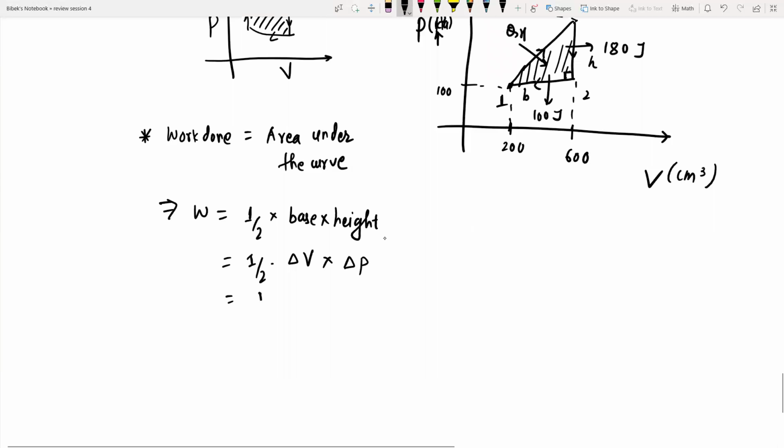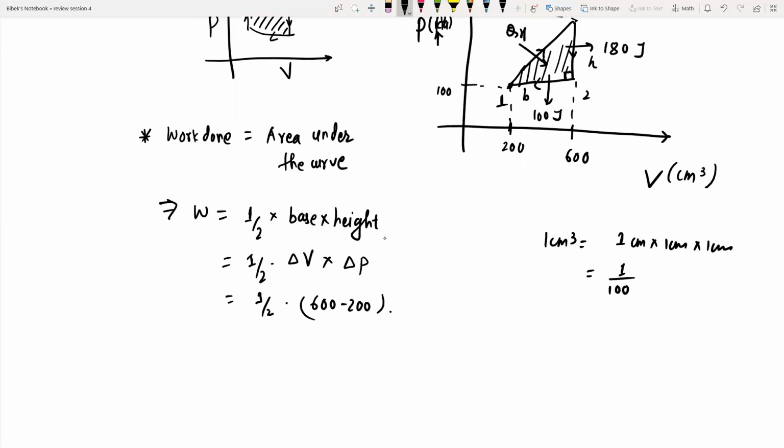So half times, what is your change in volume? In this case, you have like 600 minus 200 centimeter cube. So you need to convert that into meter cube. So 1 centimeter cube, or 1 cubic centimeter is 1 centimeter times 1 centimeter times 1 centimeter, right? So in that case, you have 1 over 100 meter times 1 over 100 meters times 1 over 100 meters.